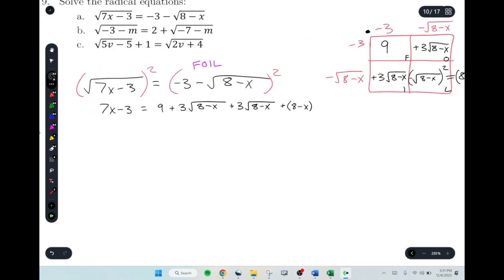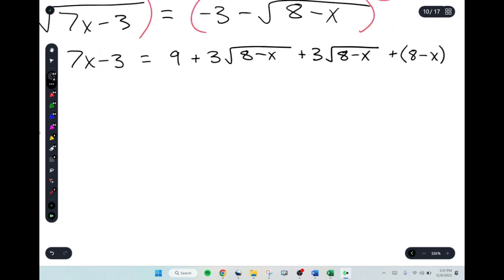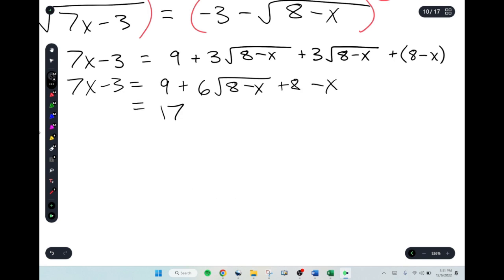So let's see if anything combines or cancels. Yeah, the square root means... Square roots combine together. Plus 8 minus... Oh, that turns into 17 minus x plus 6. Move those both over, huh?